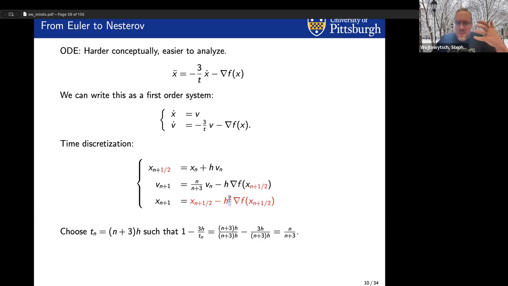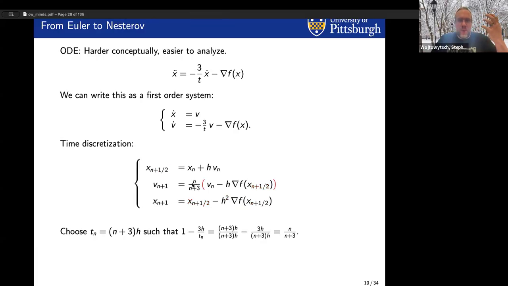So this happens on a time step scale that is scaled with h squared. So it happens on a much, much faster time scale. It's a tiny time step. It vanishes in the continuum limit because it's a second order correction, but it is a massive difference in discrete time, especially for big step sizes.